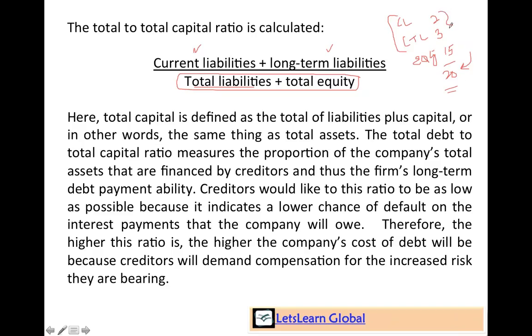That means 5 divided by 20. Total debt to total capital ratio. So what portion of this amount is there in the total capital, which includes debt capital and equity capital?